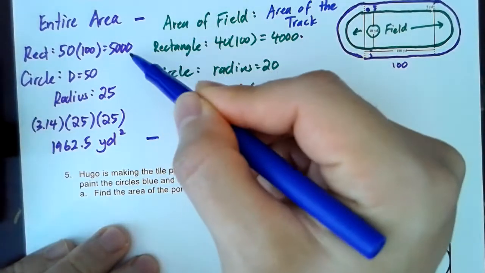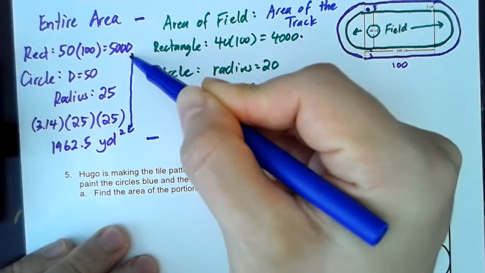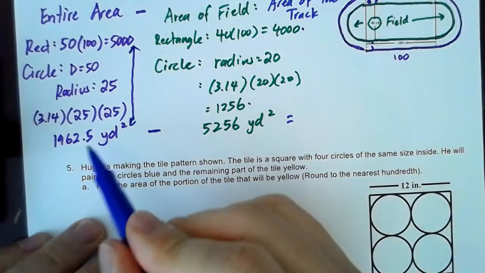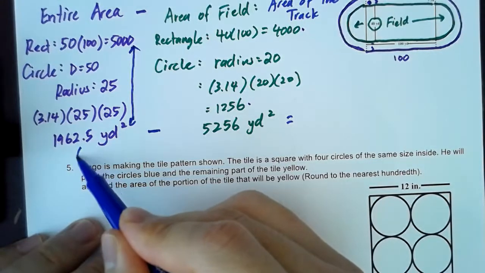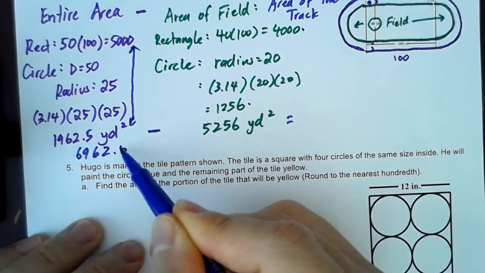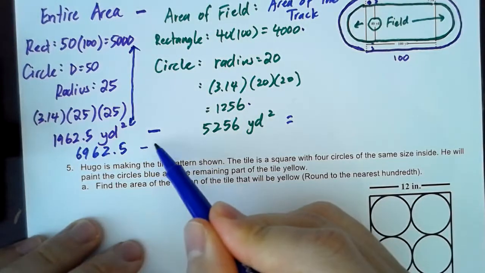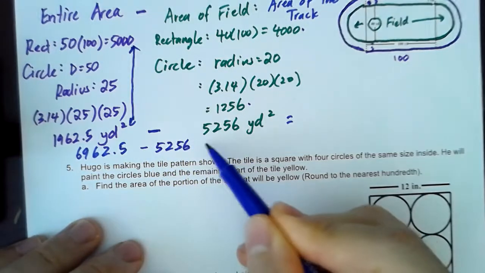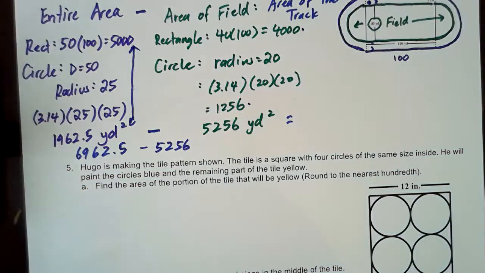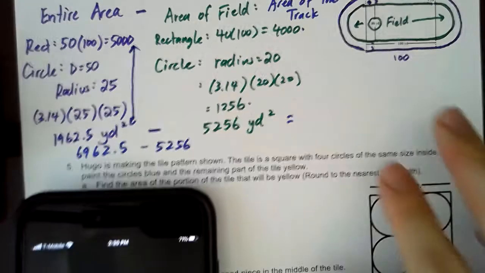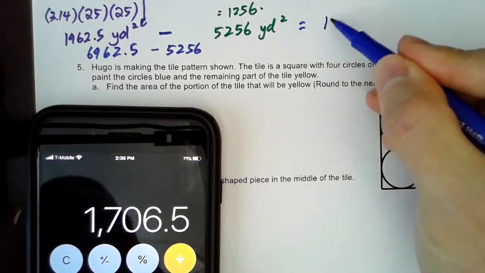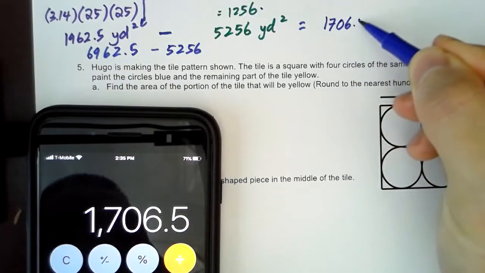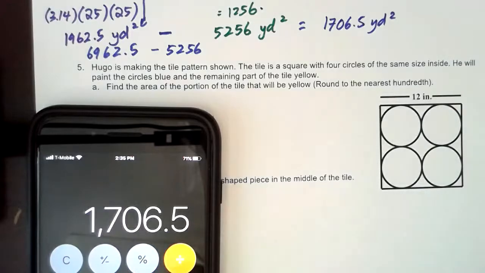So what I forgot to do is I obviously forgot to add the area of the rectangle with the area of the circle. So the entire area is now 5,000 plus 1962, which is 6962.5. Then I'm going to minus 5256, and 6962.5 minus 5256 is going to give me a grand total of 1706.5 yards squared.